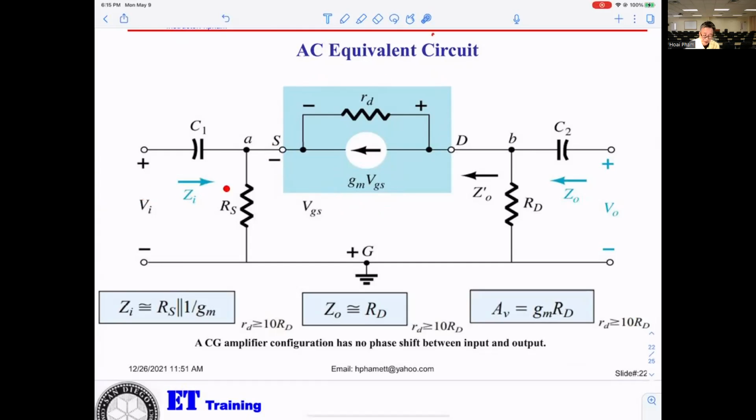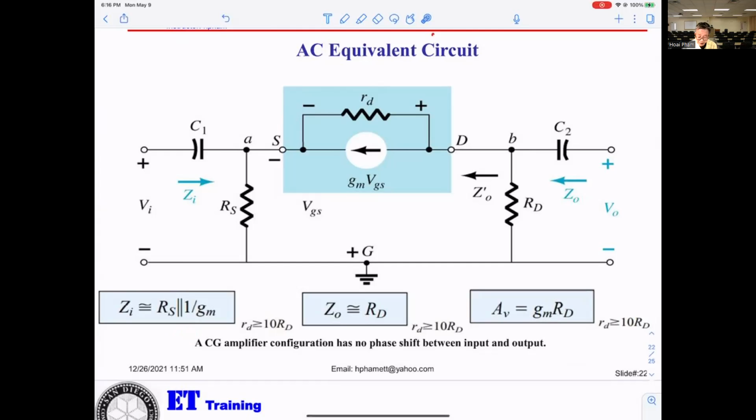And this will look like input impedance. And that will look like output impedance, going to the drain. Okay. So they give you the input impedance. In this case, it will be equal to RS in parallel with 1 over GM.